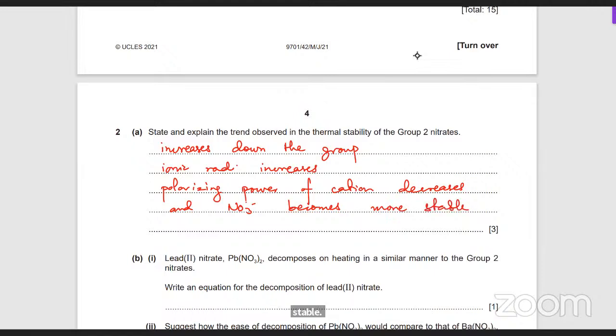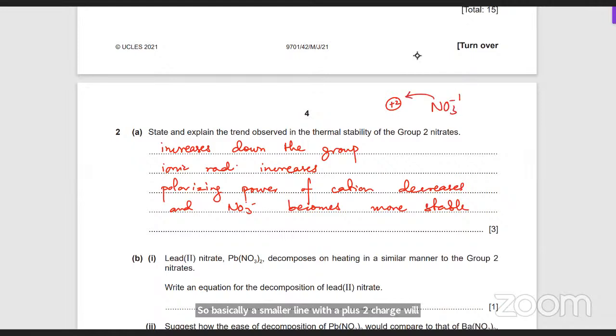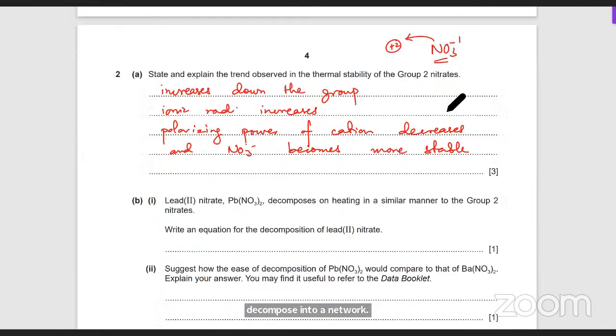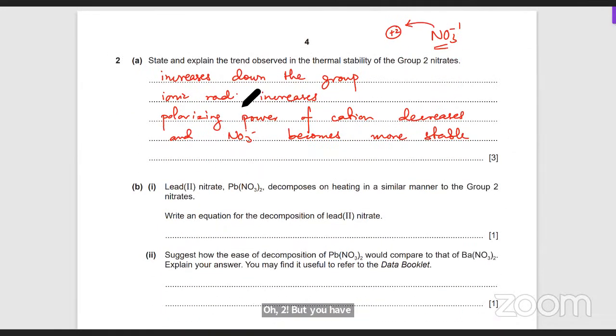A smaller ion with a +2 charge will distort the nitrate ions. It pulls the electrons very strongly, so the nitrate ion becomes unstable and decomposes into NO2 and O2. This is a typical question, it comes in every paper, so just remember this part.